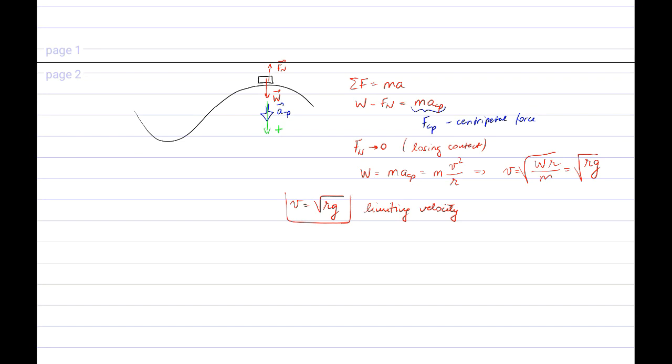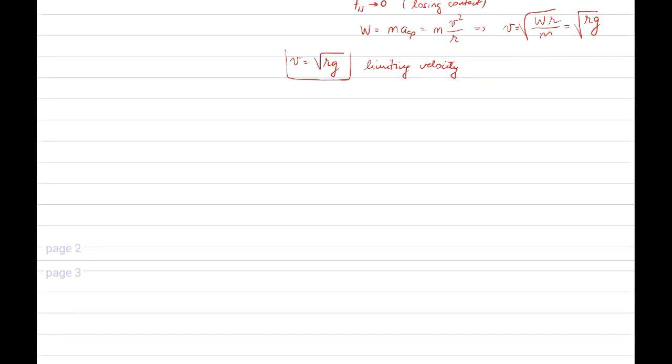Let's look at another example. Let's say that we have a mass that we are rotating about this point, in a vertical circle, so here is the mass going around a circular path like this.